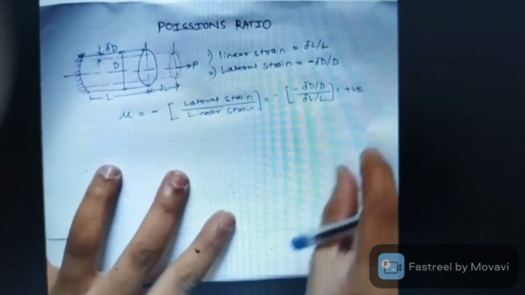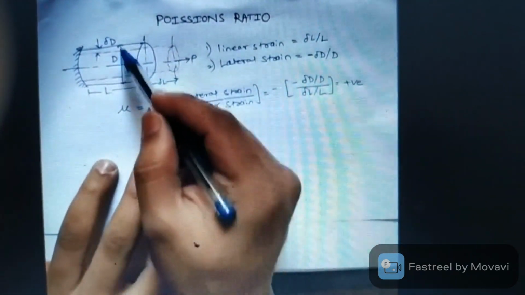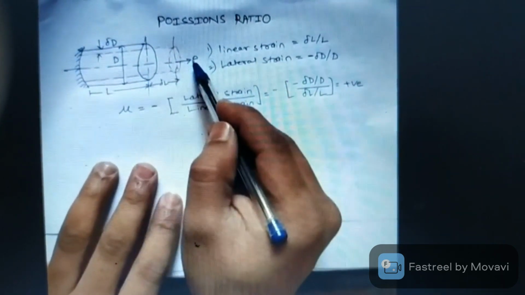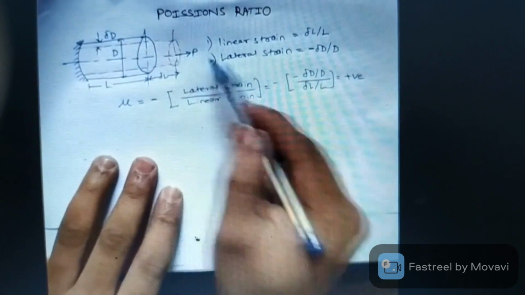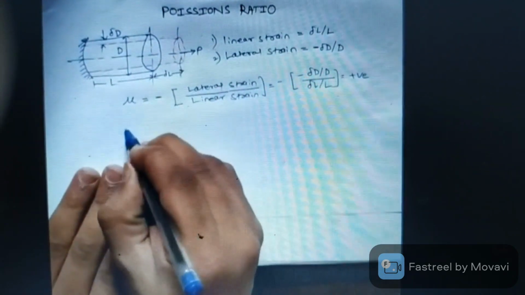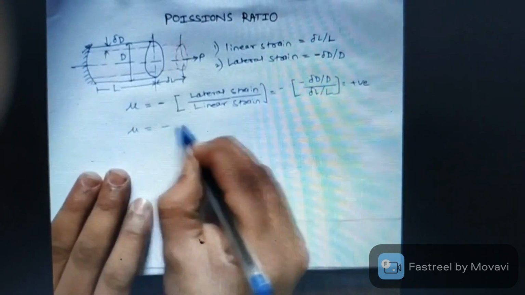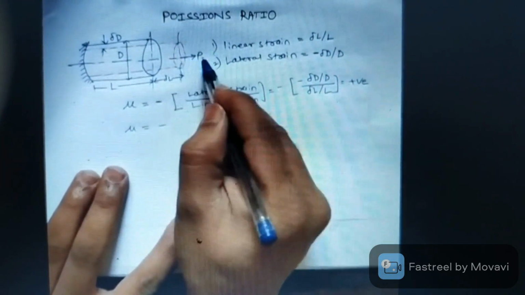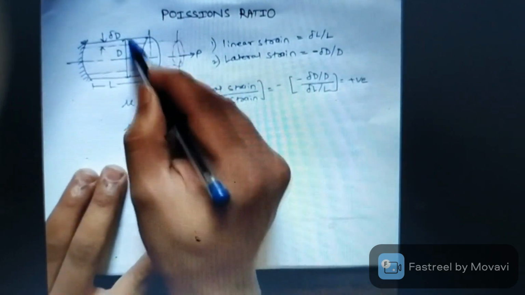Okay, that means for the materials in which one dimension is reduced as the other dimension is getting increased, this value will be positive. Now for some materials, on the application of this load the other dimension is getting enlarged.